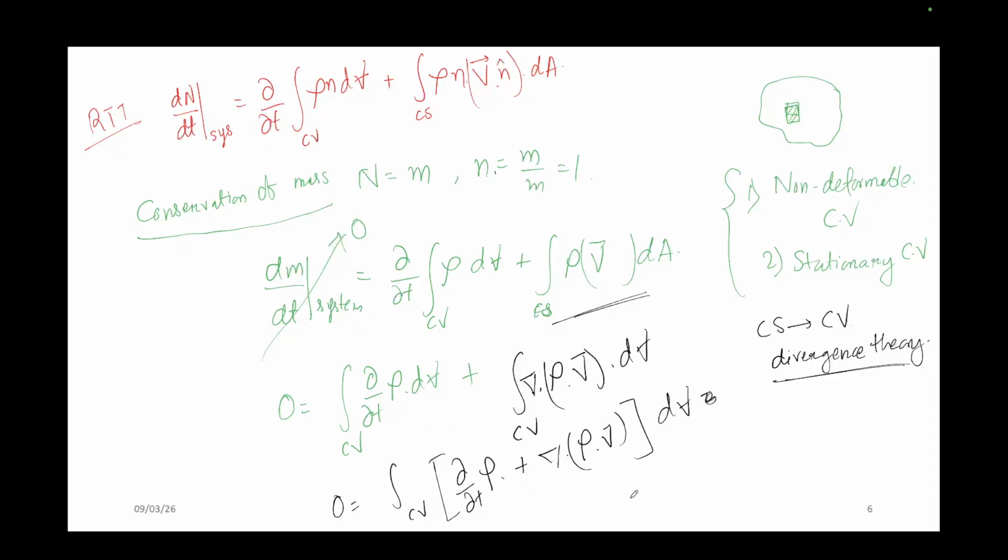So ultimately what I get is del dot rho v. This is divergence. Remember divergence equal to 0. So this is how your continuity or conservation of mass equation comes. This is basically a conservation of mass equation.